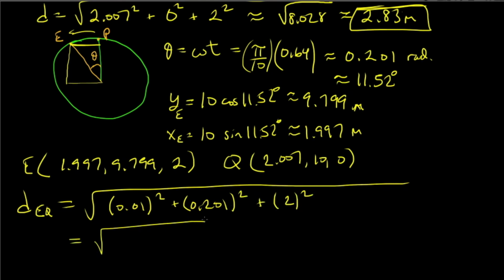So this is the square root of 4.0405. So it should be just a little bit above 2.